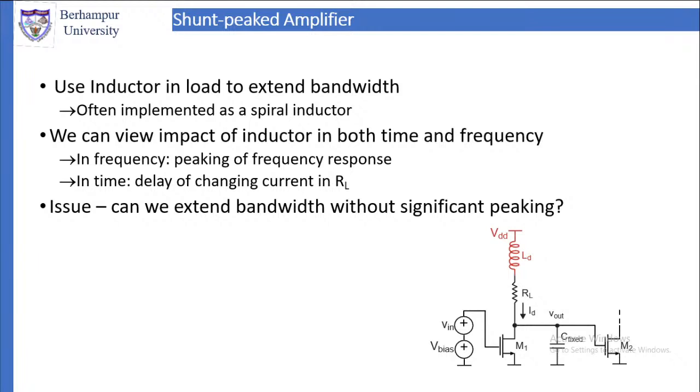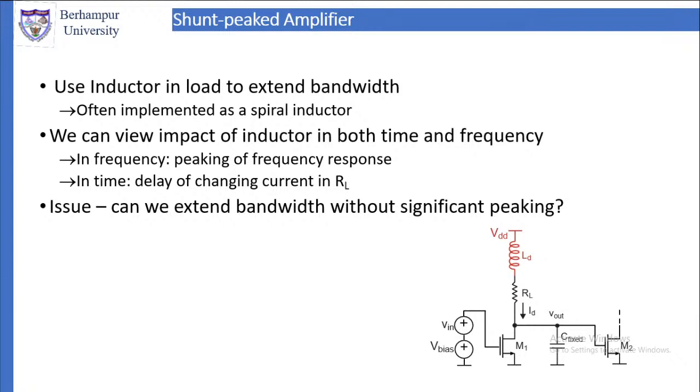Instead of capacitance, we are going to use inductance. Now to avoid the size effect, you can use a spiral inductor. So mostly in chips or circuits, instead of a spring type of thing, we use a spiral inductor. So often it is implemented in the form of a spiral inductor.